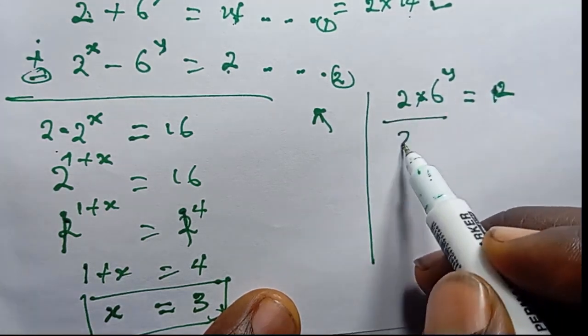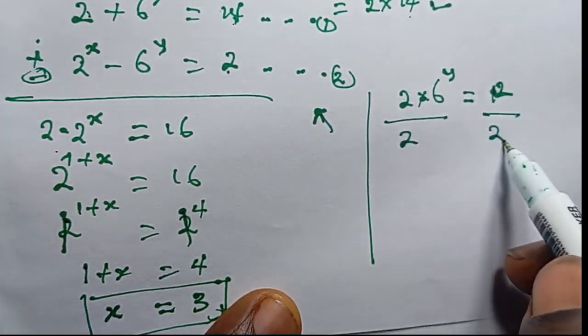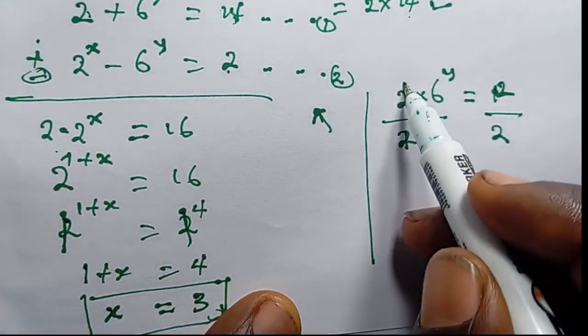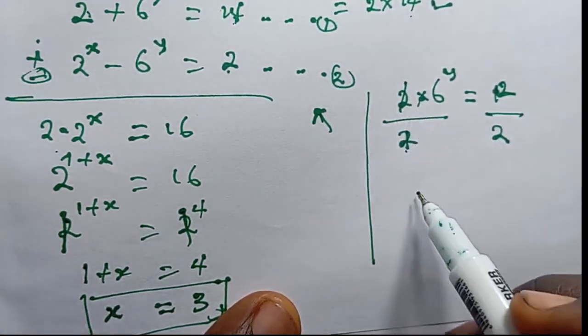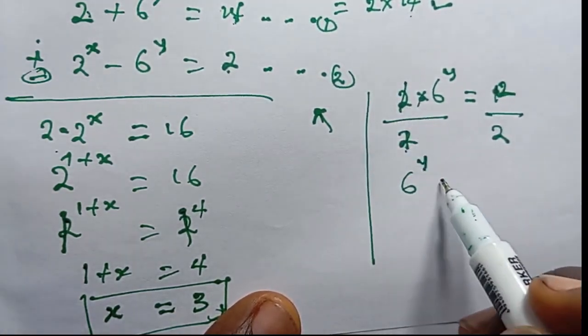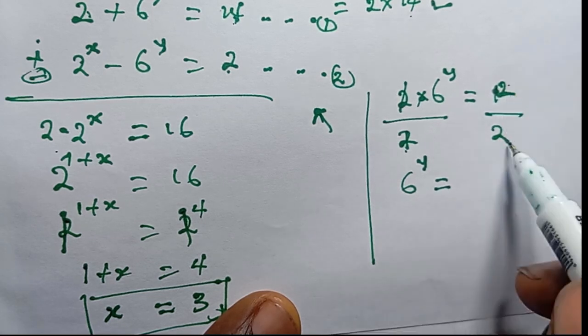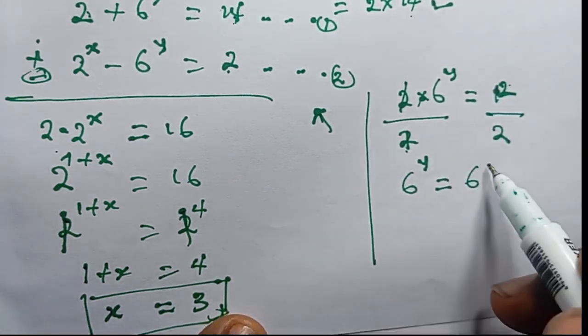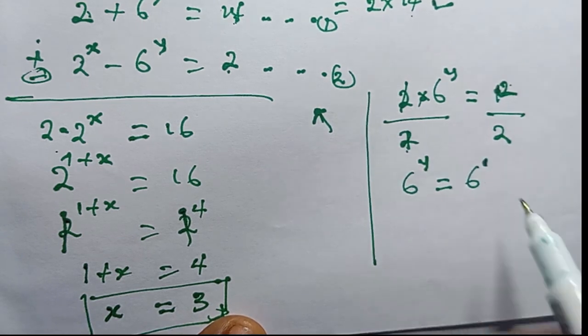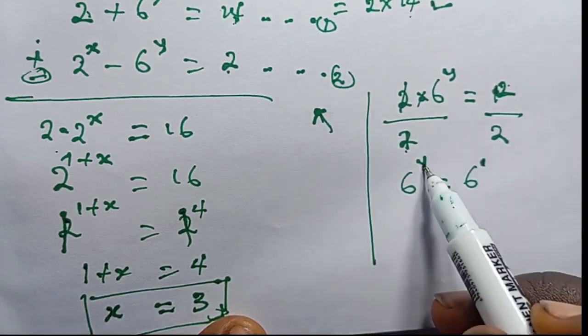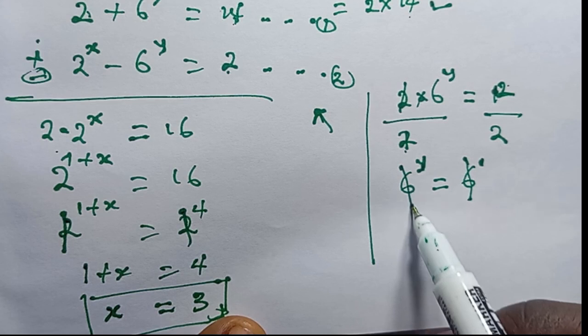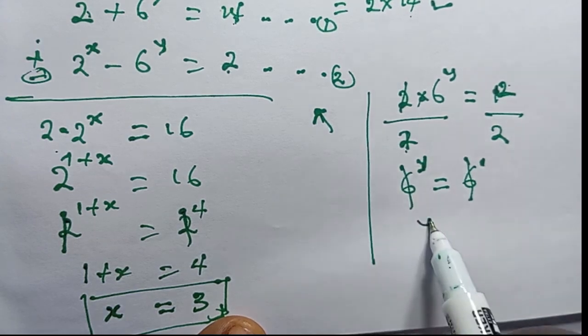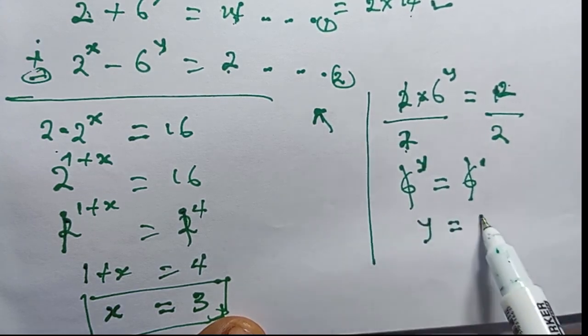We can go ahead and divide through by 2, so this 2 cancels these 2, and 6 power y now becomes 12 divided by 2, which is equal to 6. Of course, this 6 is the same as 6 power 1. Since they have the same base, I can cancel the base, and then I will have that y is equal to 1.